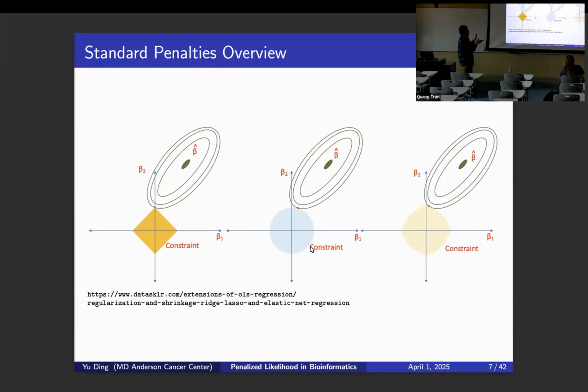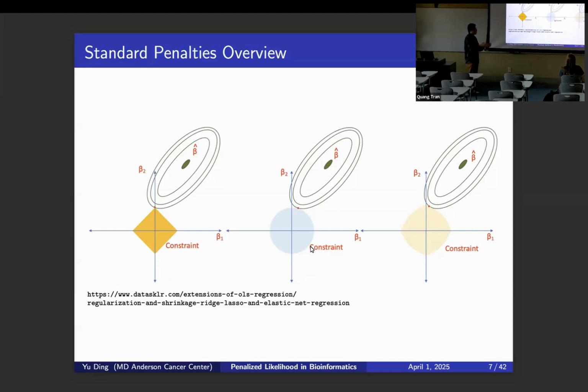These three plots provide an illustration, and one goal of this class is that after my introduction, you have a clear understanding of these three plots. What are these three plots talking about, and why can they give us a clear illustration of why these three penalty terms achieve very different estimation results?